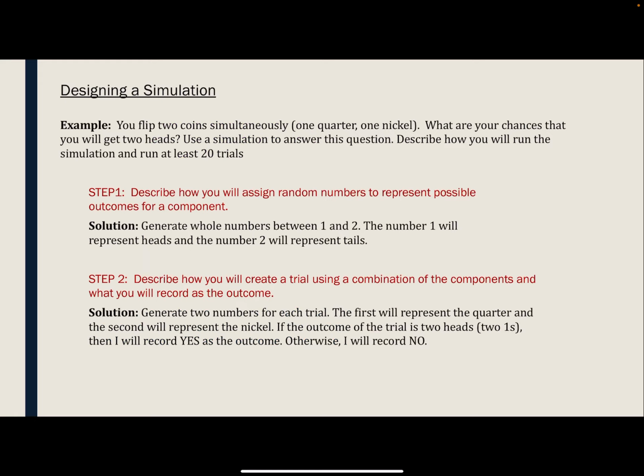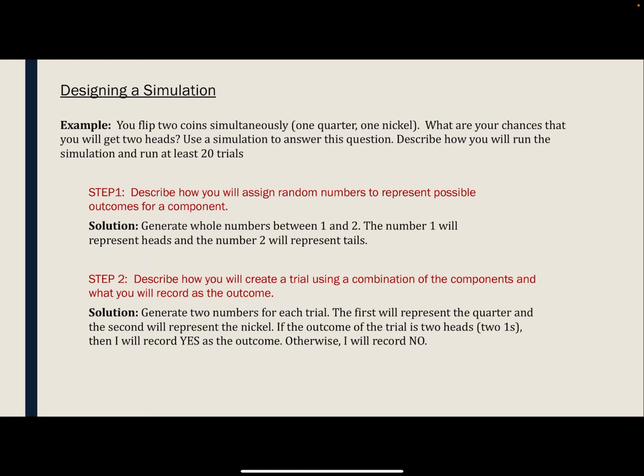The next step is that we want to describe how we're going to create a trial. So a trial in this case would be flipping the 2 coins. So what we're going to do is generate 2 numbers for each trial.